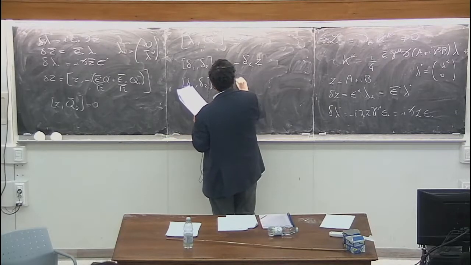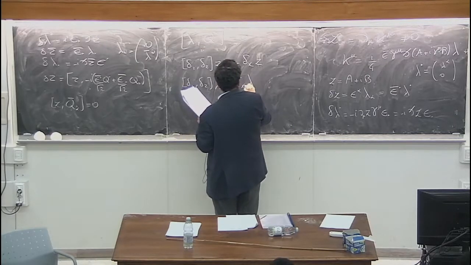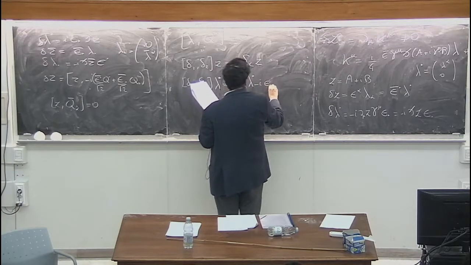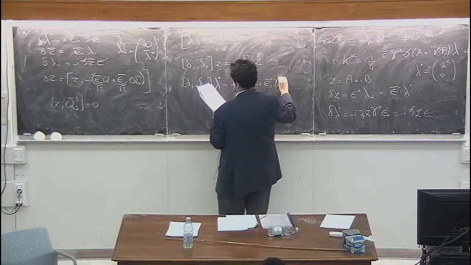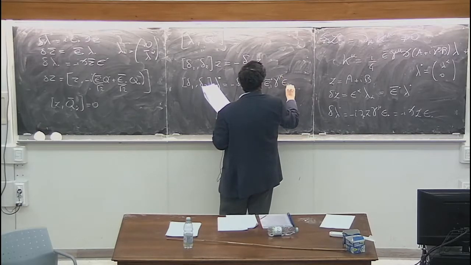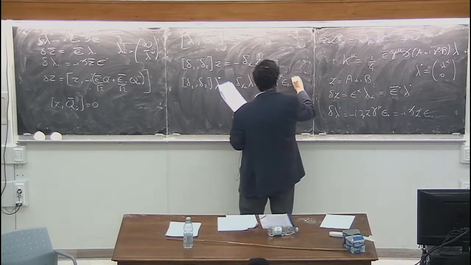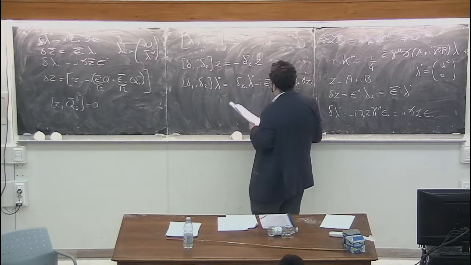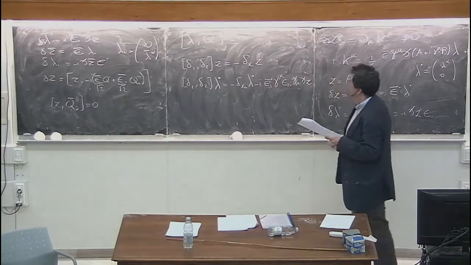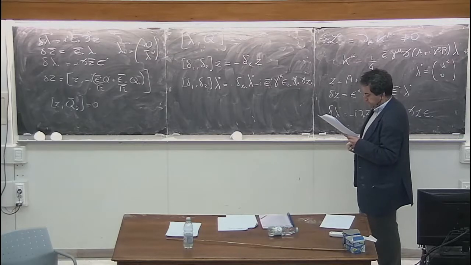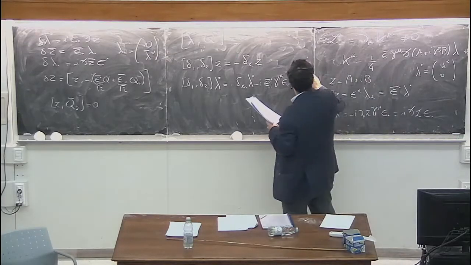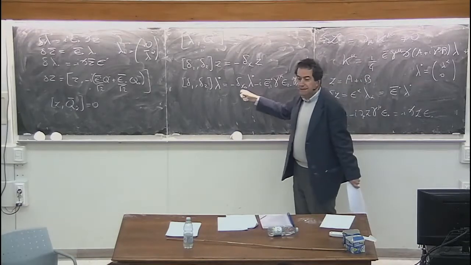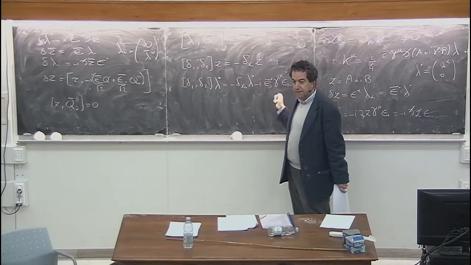Well, you get minus δ x naught lambda, and this I invite you to check, minus i epsilon 1 upper bullet γμ epsilon 2 lower bullet ∂μ ∂-slash lambda. Okay? You see, it doesn't close. It doesn't close.